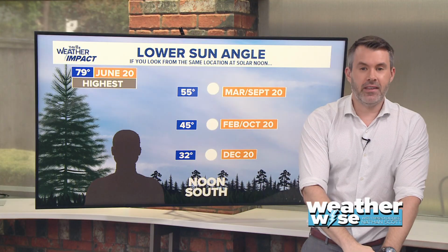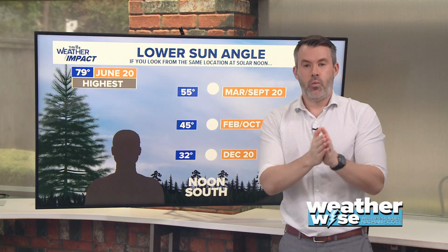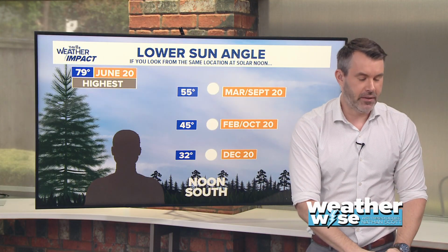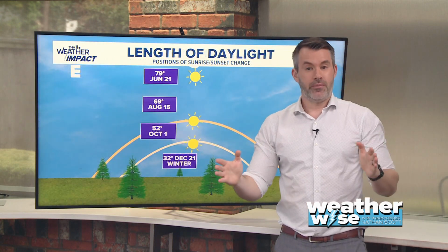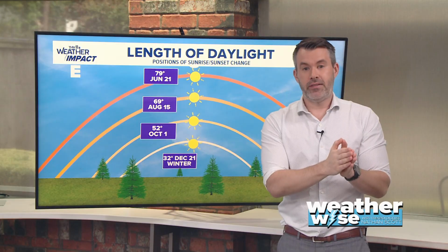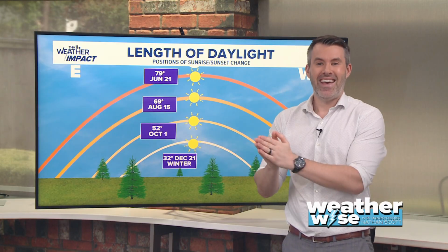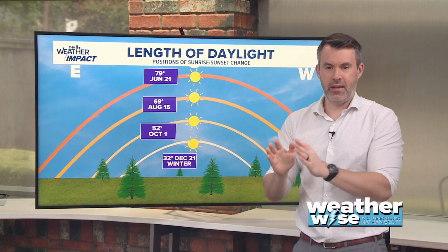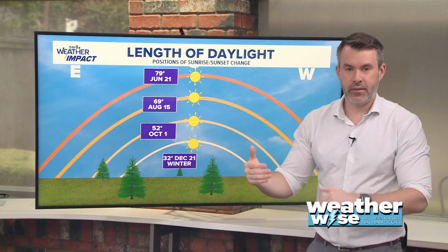Another thing to think about is if you notice where the sunrise and sunset happens going throughout the year. So when we have the equinox, the sun rises almost due east and sets almost due west. It actually does that during the equilux.